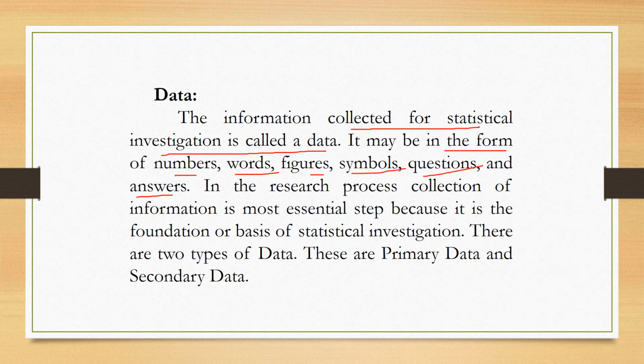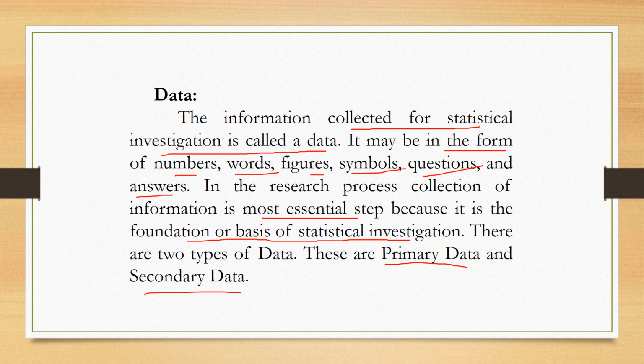In the research process, collection of information is the most essential step because it is the foundation or basis of statistical investigation. However, there are two types of data: primary data and secondary data. The researcher collects this data with the help of various tools and techniques.